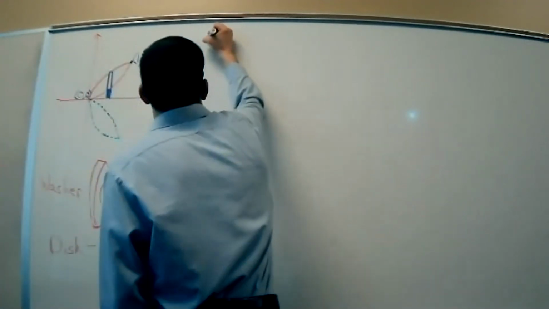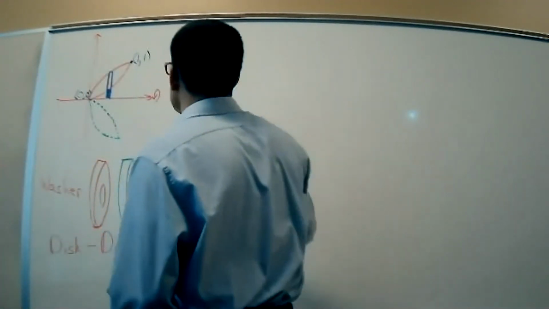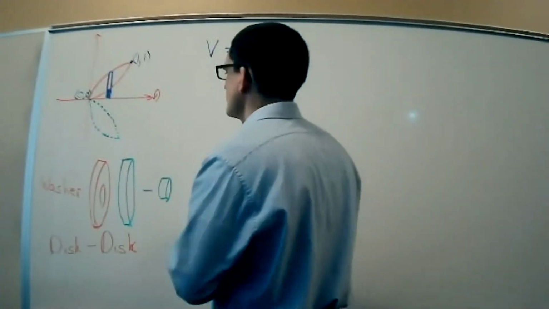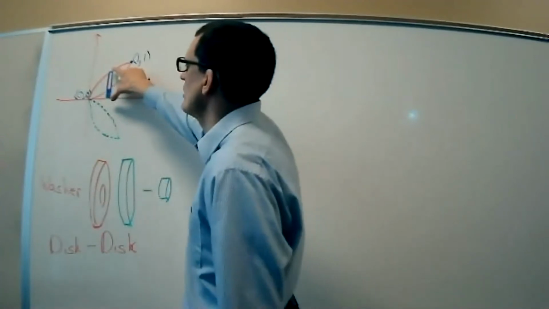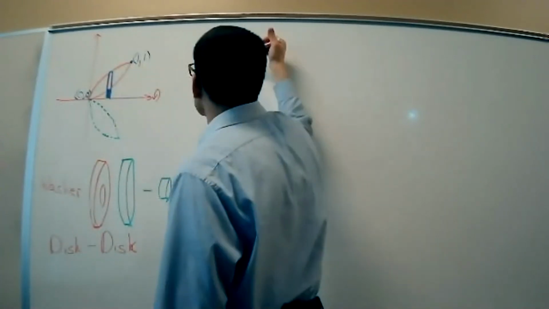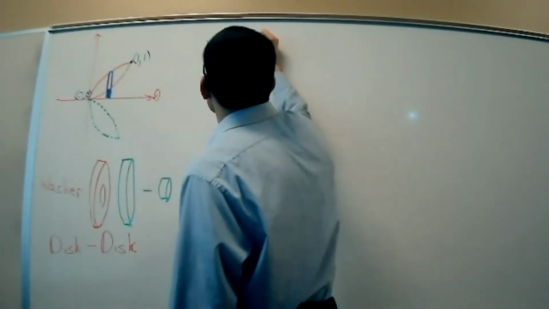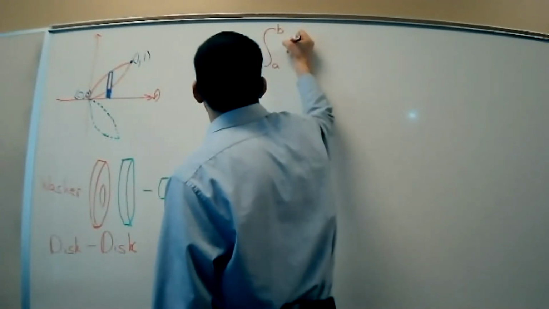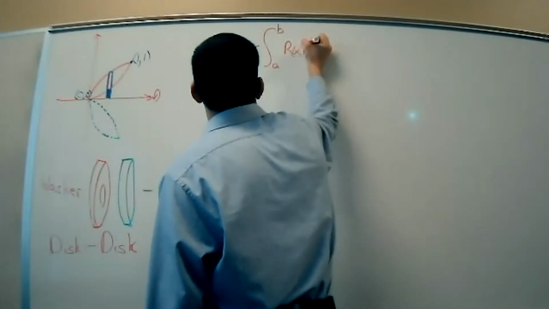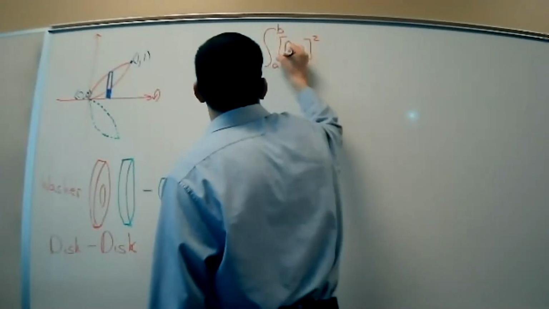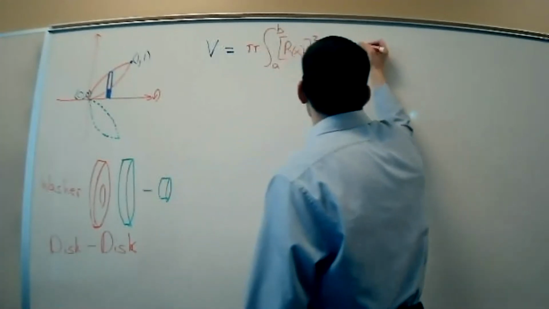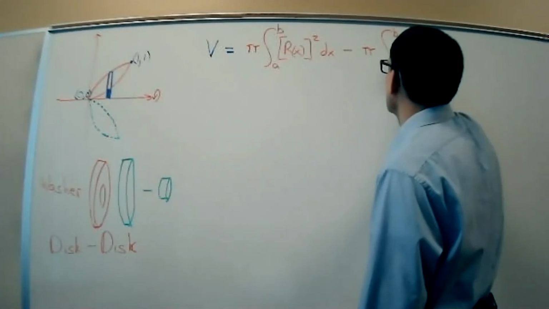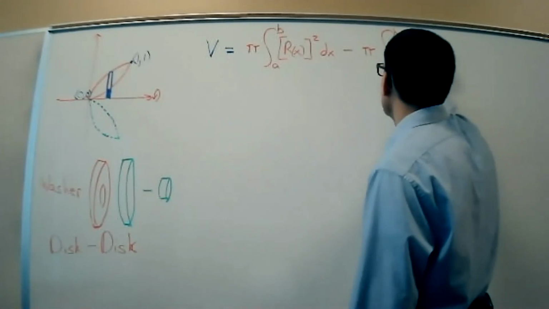So when we want to do the volume utilizing the disk method, or I should say the washer method, disk minus disk, what we're going to do is pi, integrate radius squared, minus pi, integrate a different radius squared.